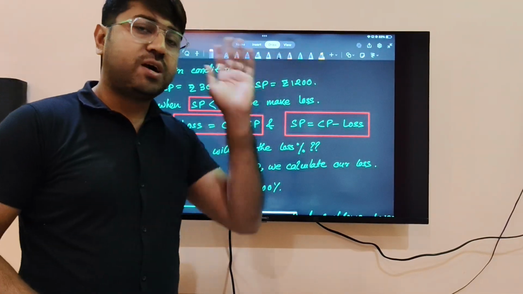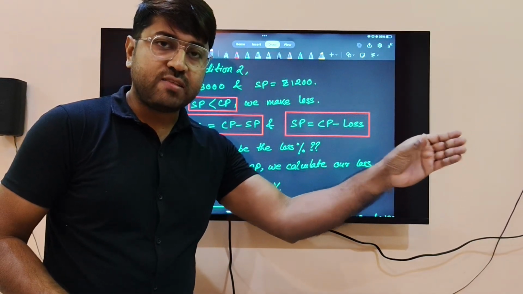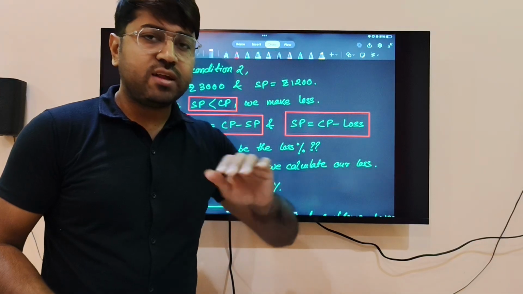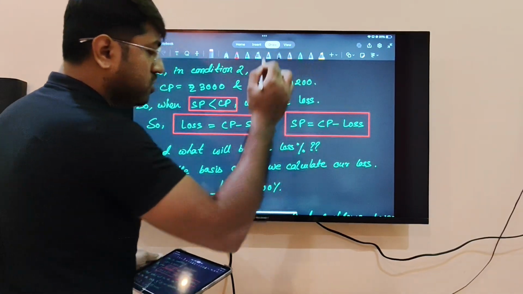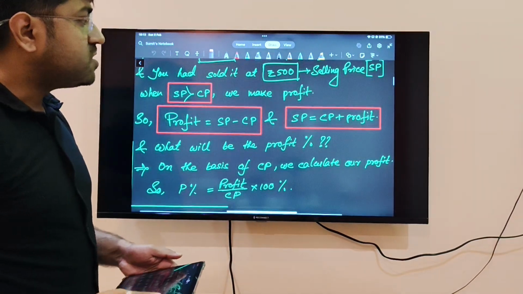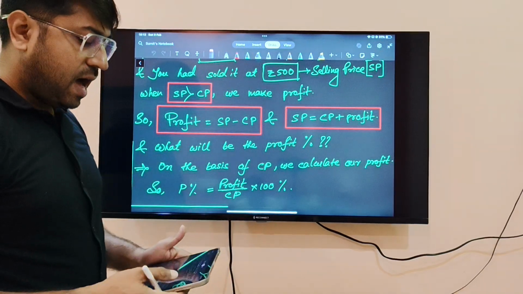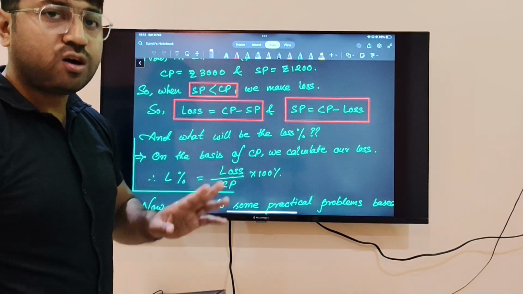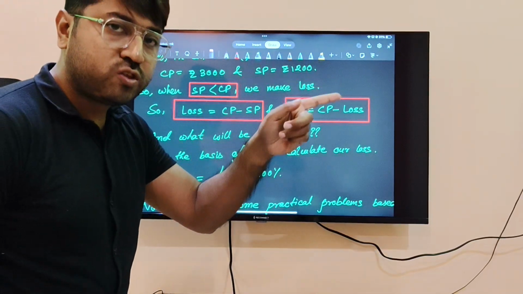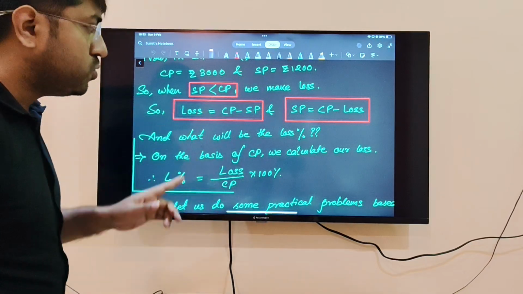At what price you have purchased and what is your loss amount? From your cost price, subtract the loss, then you will get your SP. So SP equals CP minus loss. You see, SP was CP plus profit when you are making profit, and SP equals CP minus loss when you are making loss. The profit will be added to CP, loss will be subtracted from CP to get the SP.